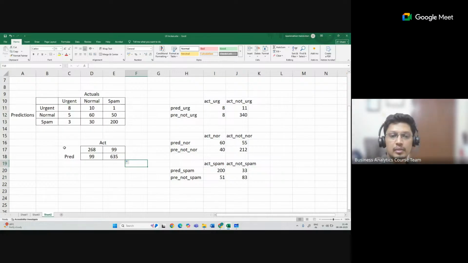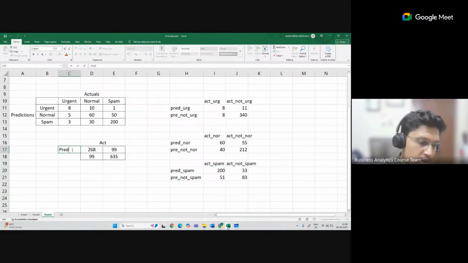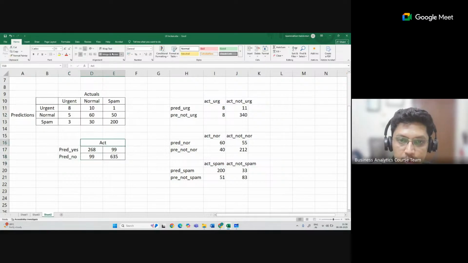Now what will happen? What is the precision of the entire model? True positive divided by true positive plus false positive. Is it clear? Let's make it a little more spread out: pred_yes, pred_no, act_yes, act_no, so it'll be easy to calculate the true positive.